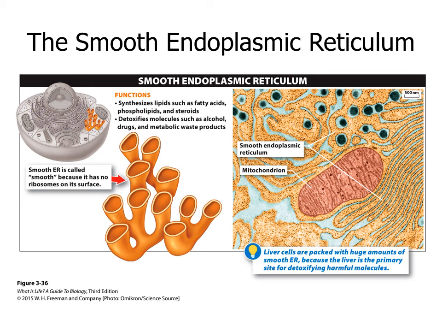They are where lipids are synthesized, also where alcohol, antibiotics, and other drugs are detoxified. Alright, so remember lipids would include fatty acids, phospholipids, and steroids. So those are made there at the smooth ER.